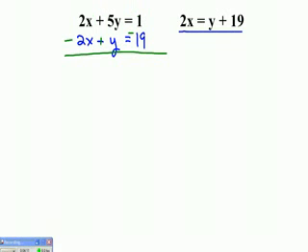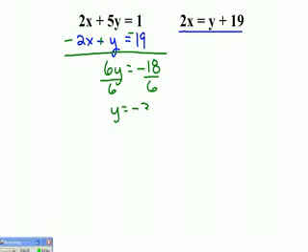If we combine the equations, we get 6y equals -18. Here we do have to finish off by solving for y. Divide everything by 6. And I will go back up, and of course I will find x. I think I'll do that in the second equation, underlined in blue.